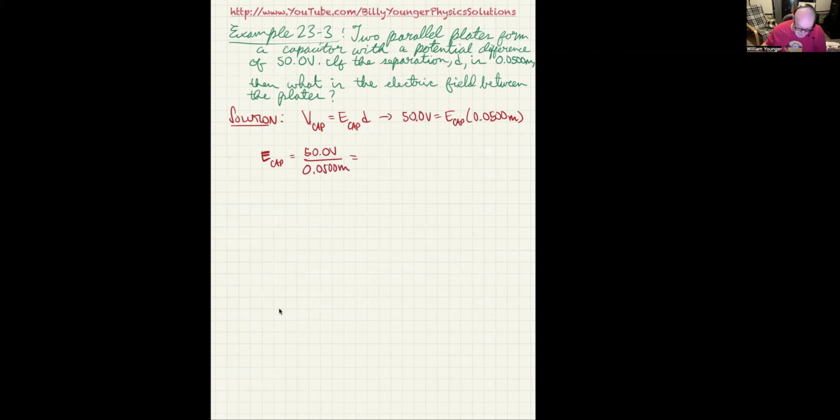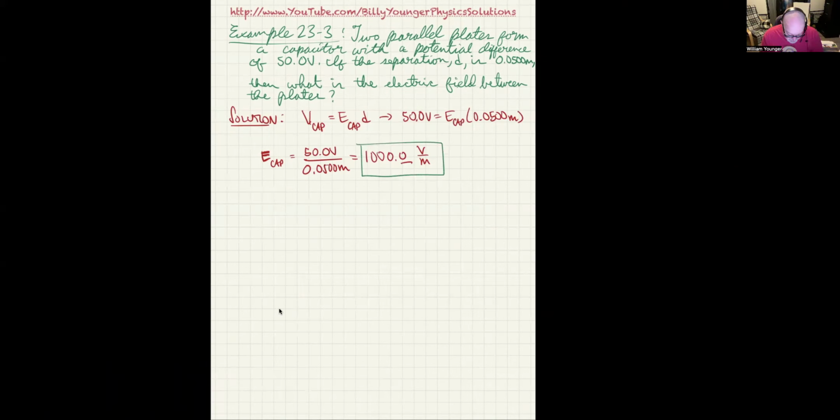And lo and behold, not only are we going to get a really neat number that you'll be surprised at how big it is, 50 divided by 0.05 gives us 1,000, but we're also going to get a new unit, which is volts per meter. And now all of a sudden we have a much more useful unit to think about the electric field strength. So the answer is, in fact, 1,000 volts per meter.